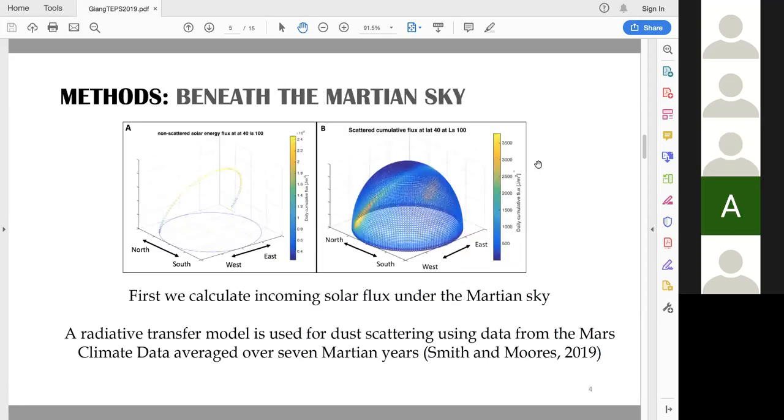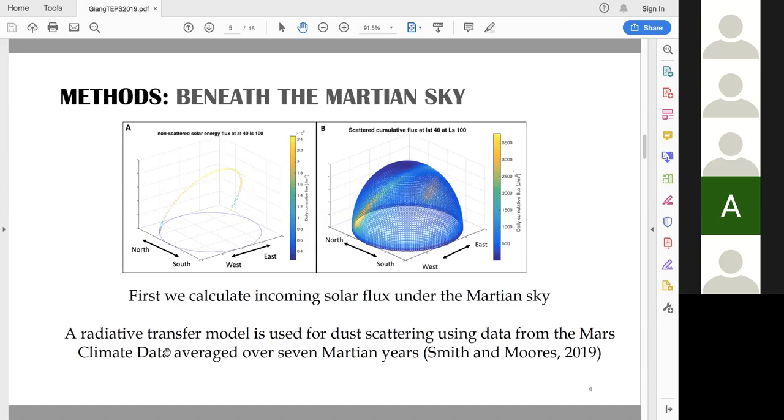And so first, to do this under Martian conditions, we need to see how incoming solar flux behaves under the Martian sky. On this left plot here, you can see a typical day at latitude 40, at solar longitude 100, and this is what the sun path is like throughout the day. Now what we need to find out is how that light scatters under the Martian sky.